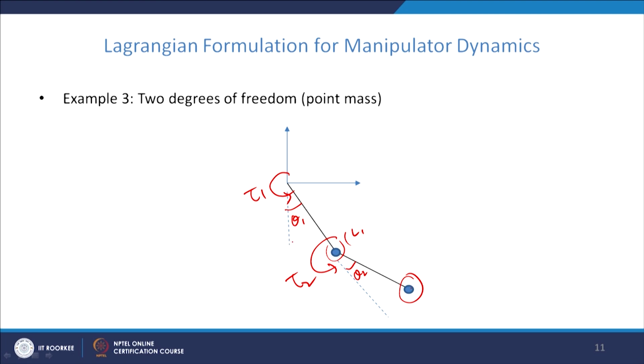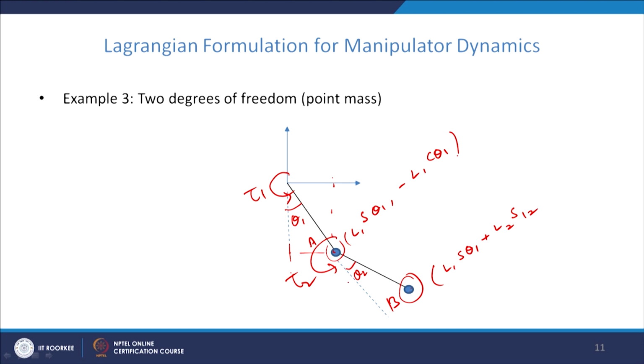So, L1 sin theta 1 is the x coordinate and the y coordinate is minus L1 cos theta 1. We can call this point A and this point B. The coordinate of point B is L1 sin theta 1 plus L2 sin of theta 1 plus theta 2.